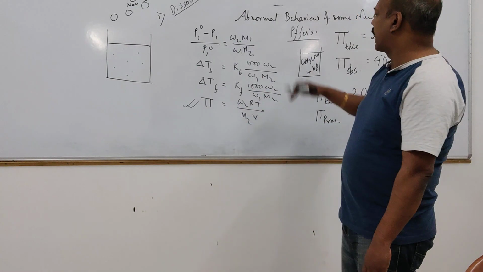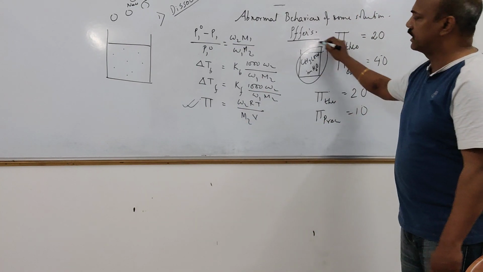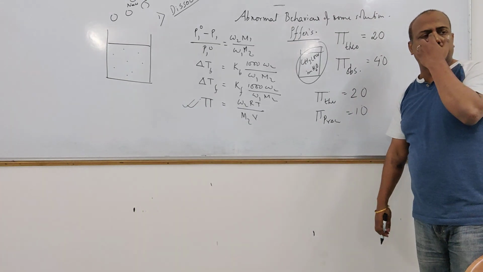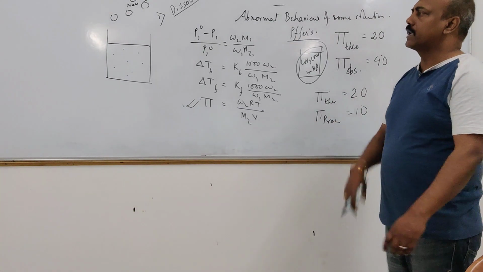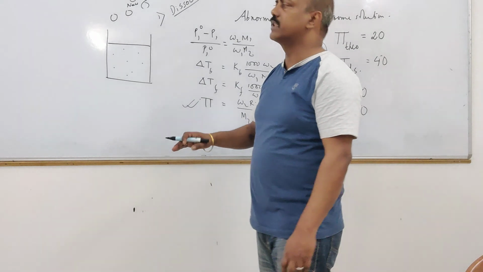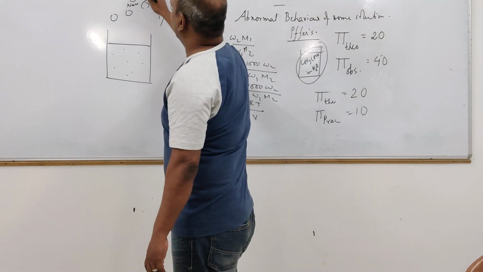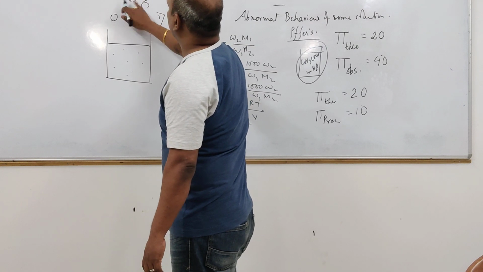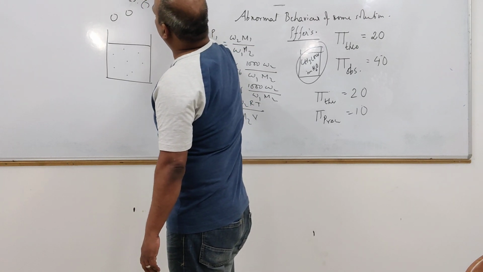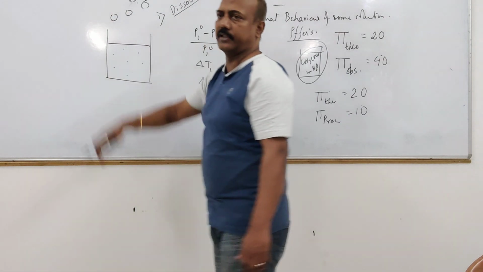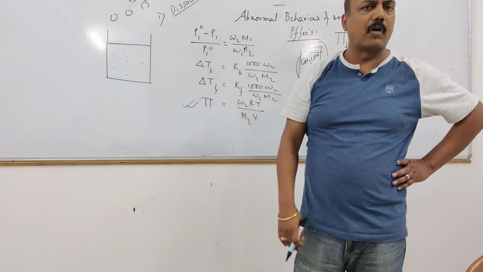Clear? On the other hand, what is happening when CH3COOH is added in water? Okay? Suppose we are adding 4 CH3COOH molecules. Theoretically you are thinking that you are adding 4 CH3COOH molecules and you are calculating for 4 molecules.